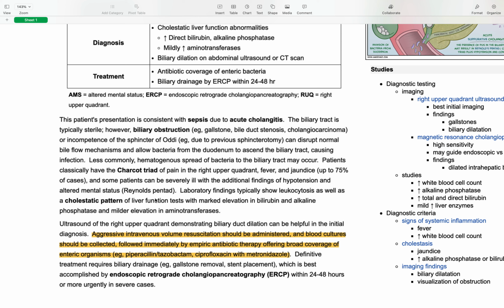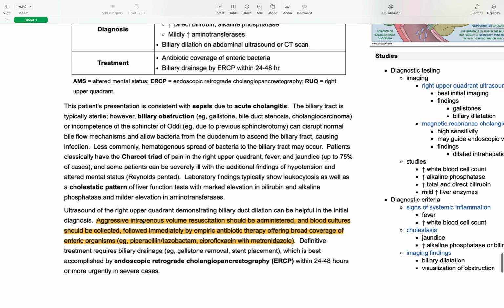Okay, labs will generally show a cholestatic pattern of liver function tests with elevated bilirubin and alk phos, mildly elevated aminotransferases. Ultrasound is the best initial test, which will show a dilated common bile duct. Aggressive intravenous volume resuscitation should be administered.